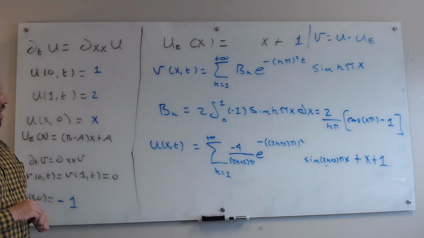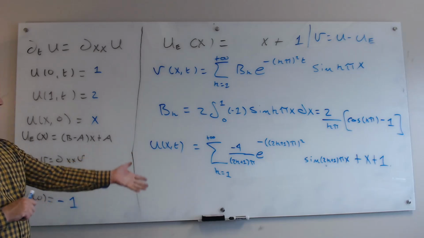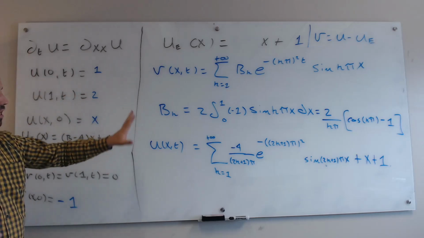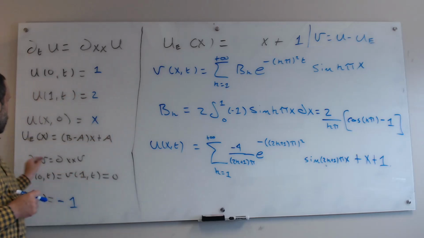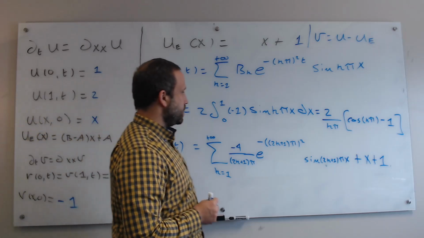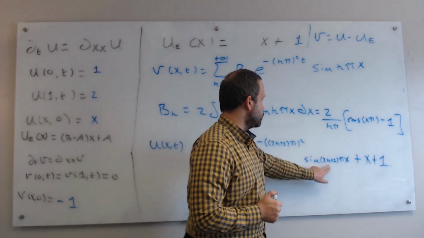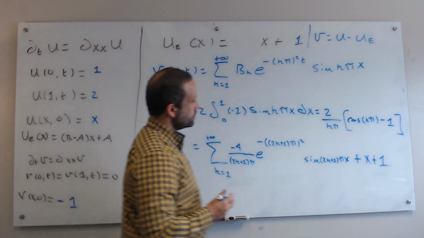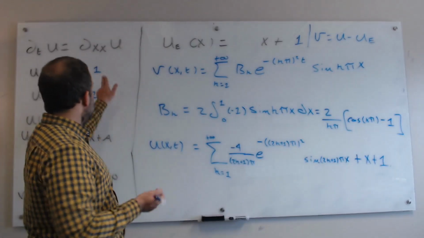And now you can see that this function satisfies the PDE, because the method of separation of variables guarantees that it satisfies this PDE, but that's the same PDE. If you plug in x equal to 0, all of these sine terms are 0, and then you have 1.